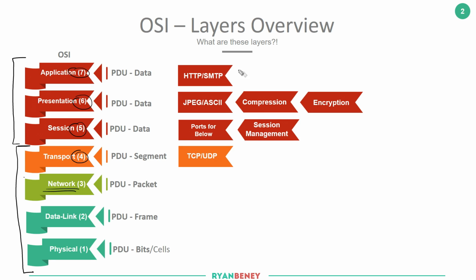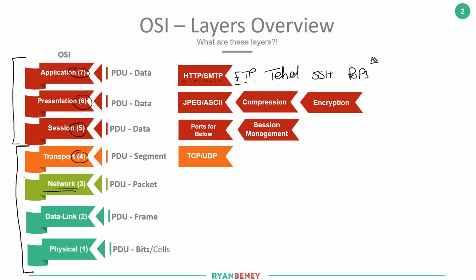The application layer, this is where applications like FTP, the File Transfer Protocol, HTTP, the Hypertext Transfer Protocol, SMTP, the Simple Mail Transfer Protocol, and other things like Telnet, SSH, POP3, many applications, all sit. This is where the networking applications interact with the network.